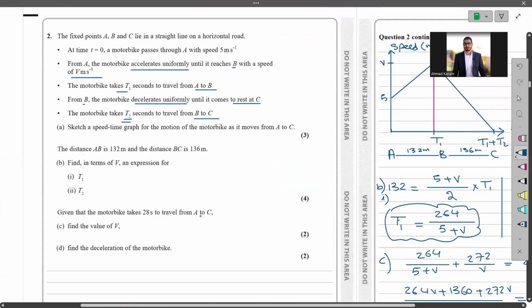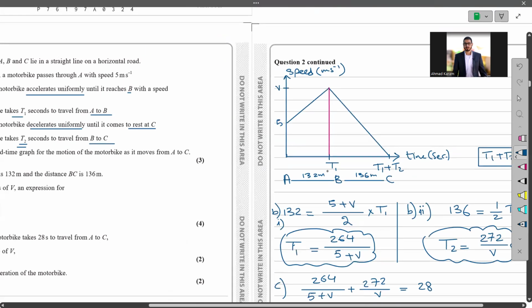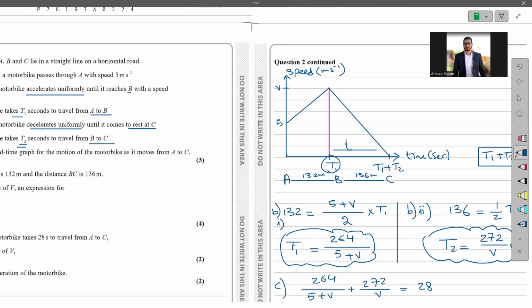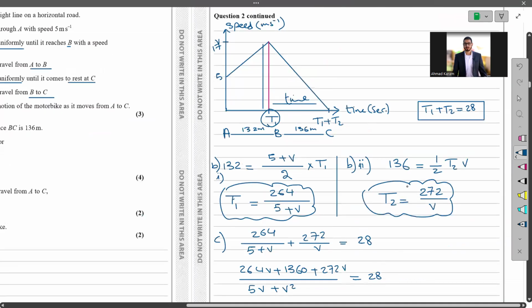Then find the deceleration of the motorbike. So for the deceleration here, we need first to get T1, and then we'll have the time, and we have the velocity or the speed here, which is 17. So the deceleration will be equal to V over T. So let's get T1 first.